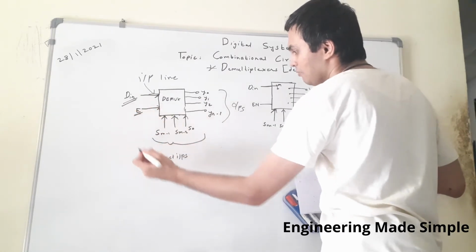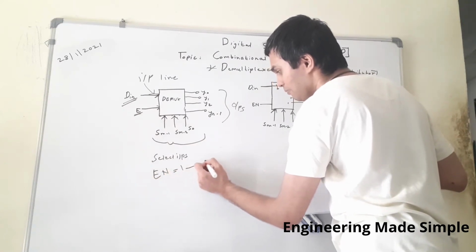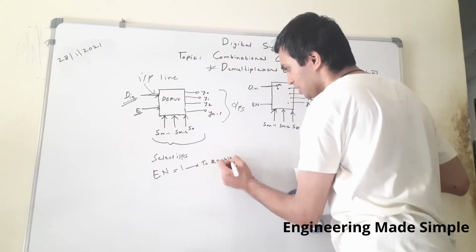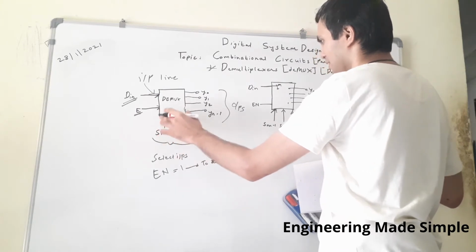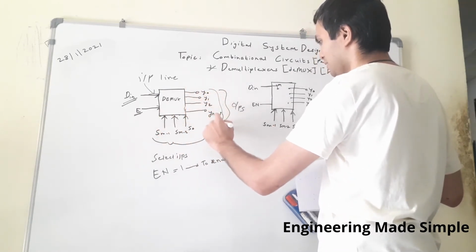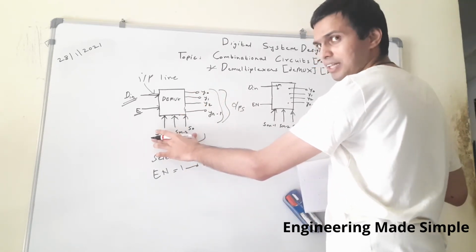What is the meaning of enable? This enable input is kept at logic 1 to enable the demultiplexer. The function of the enable pin is just to turn this circuit on or make it operational. It consists of n outputs, that is y0 to yn, and there are m select lines.